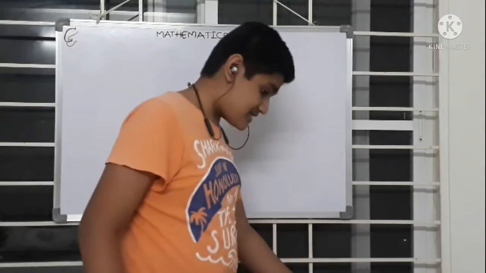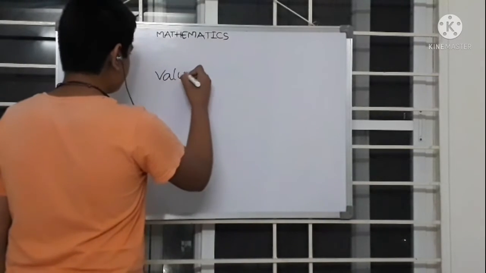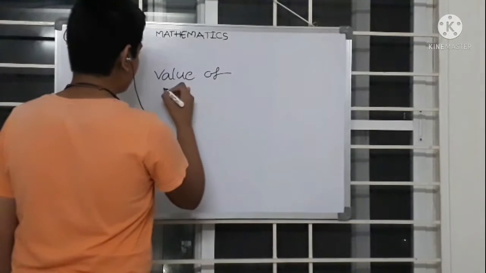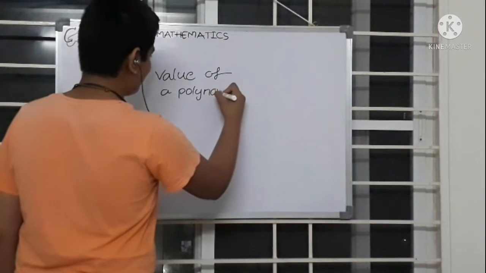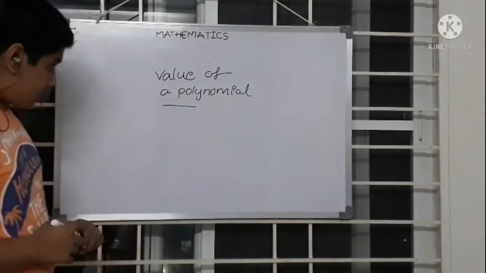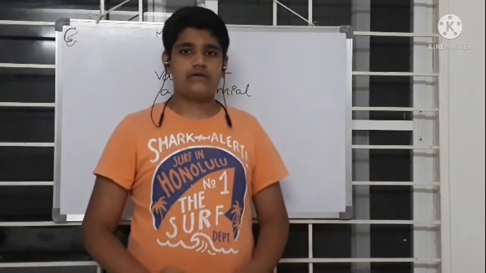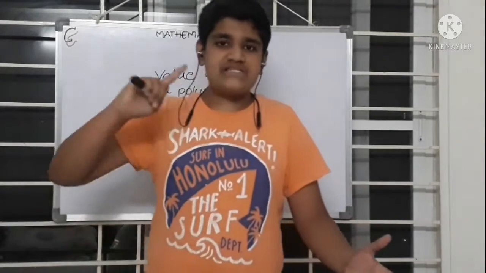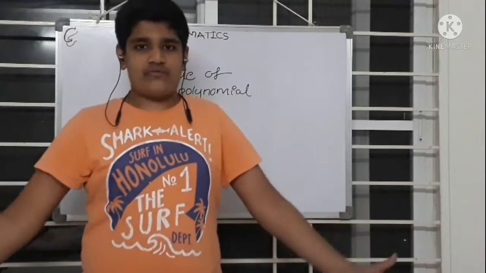What are we going to discuss today? The value of a polynomial. Now see, I told you in the polynomial session 1 video that a polynomial is denoted by p of x.